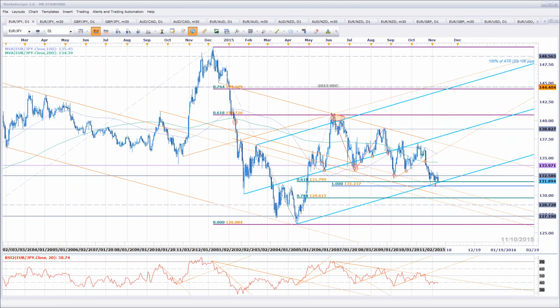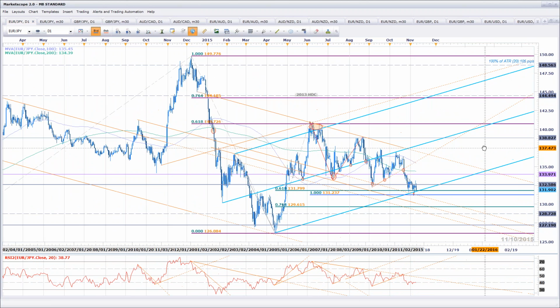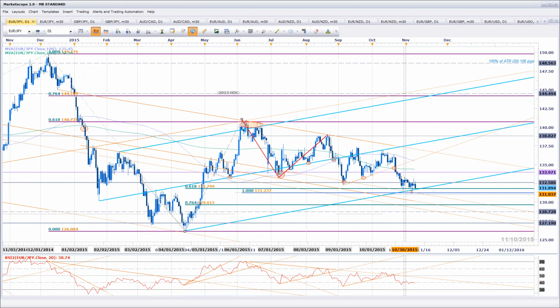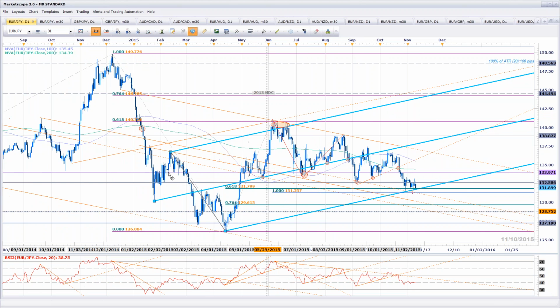If you take a look at this on the daily chart, there's a lot going on down there. This is a 618 retracement of the advance off the lows that you made for the year into that June high. It comes in at 131.80. We saw two tags, two probes of that over the last 3 weeks. Here we are coming up back on it as support. You have the lower median line parallel for the formation that's been holding since the January low.